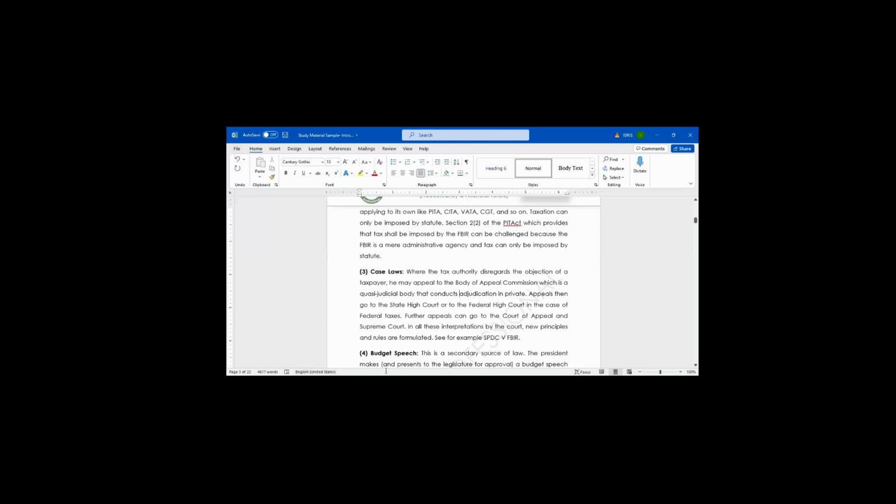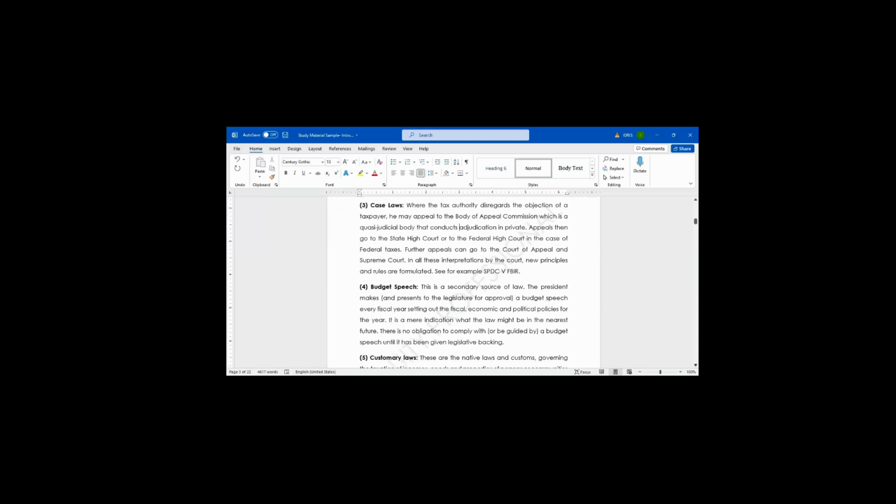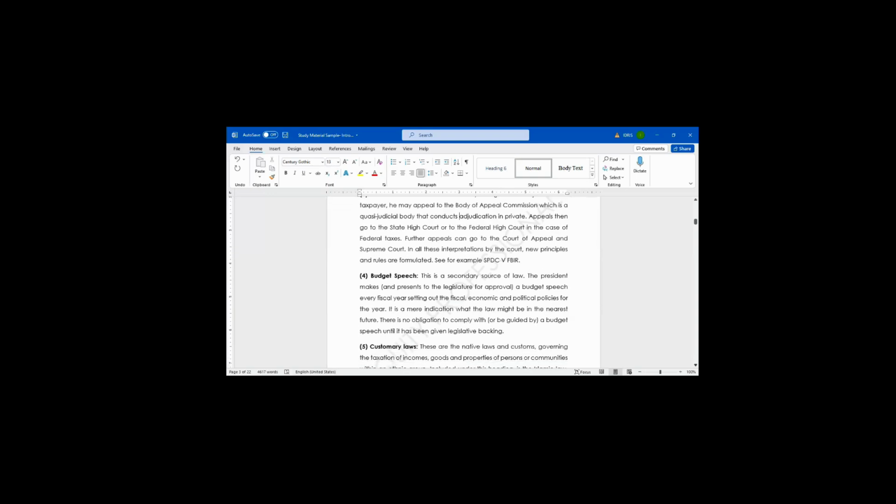Another one, budget speech. Budget speech too is a source of tax law. Budget speech means the presidential state speech at the time when the president wants to sign the budget into law.